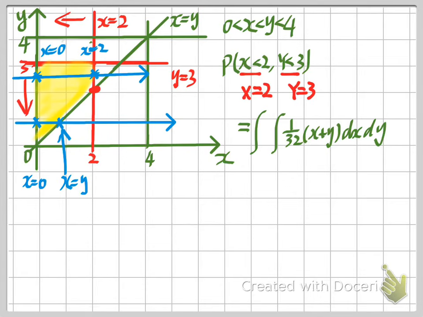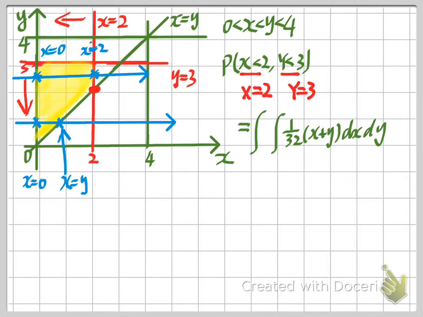The key point is the intersection of our right vertical line and this green line, x equals y. If the line is below this intersection, the lower limit is 0 and the upper limit is y. If this blue line is above this intersection, the lower limit is 0 and the upper limit is 2.